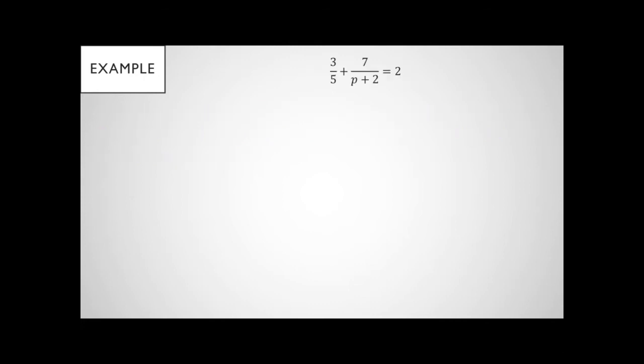Okay. So here's one that's a little different. We have 3 over 5 plus 7 over p plus 2 equals 2.